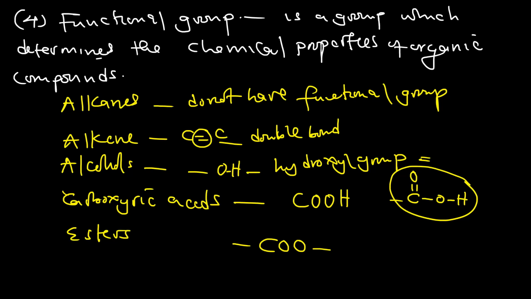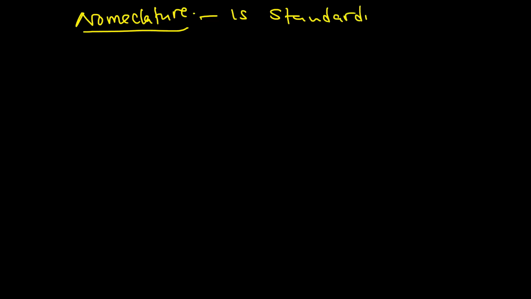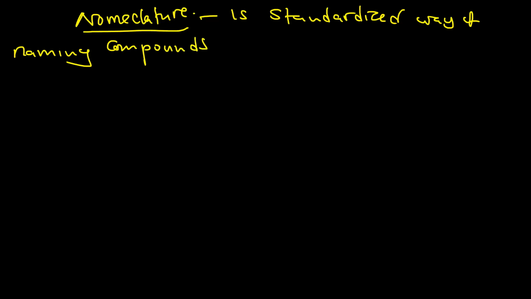All right, now let us go to the other thing that we need to know, and that is nomenclature. What is nomenclature? It is simply the standardized way of naming compounds.